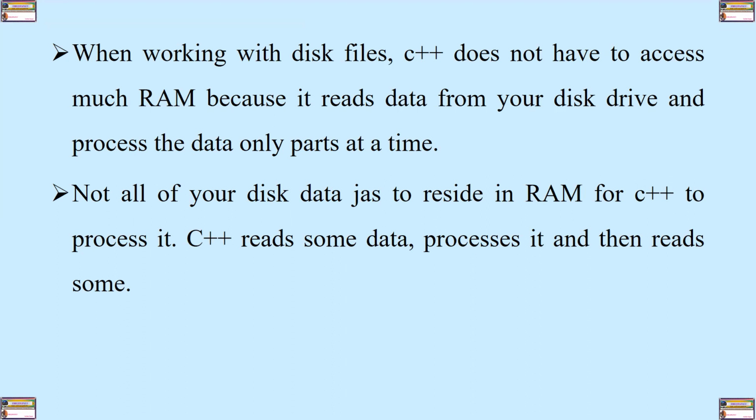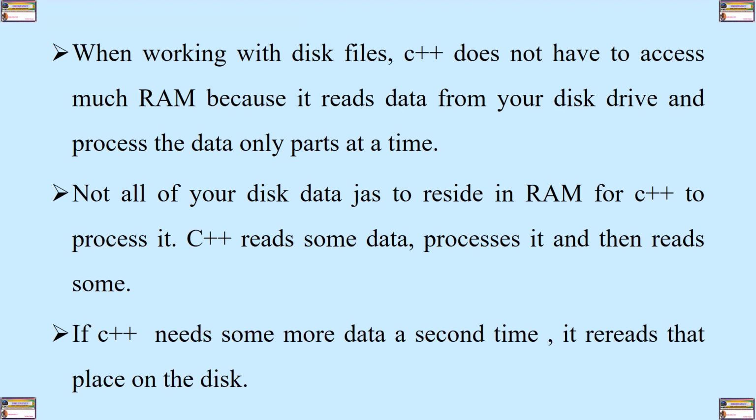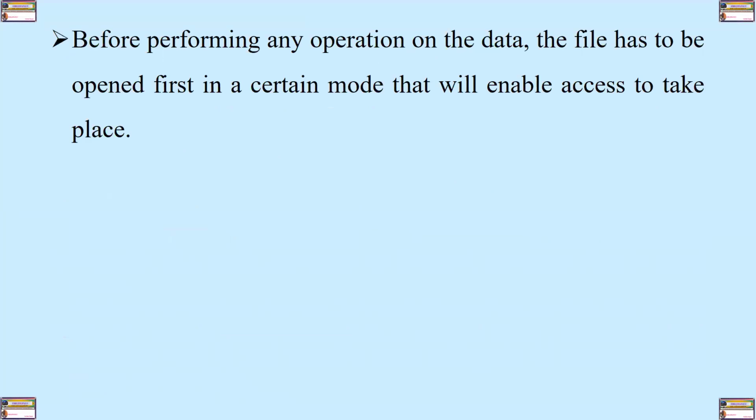C++ reads some data, then processes it and reads some more data as the processing continues. If C++ needs some more data a second time, it just reads that data from the disk and places it in memory. Before performing any operation on the data, the file has to be opened first in a certain mode that will enable access to take place.